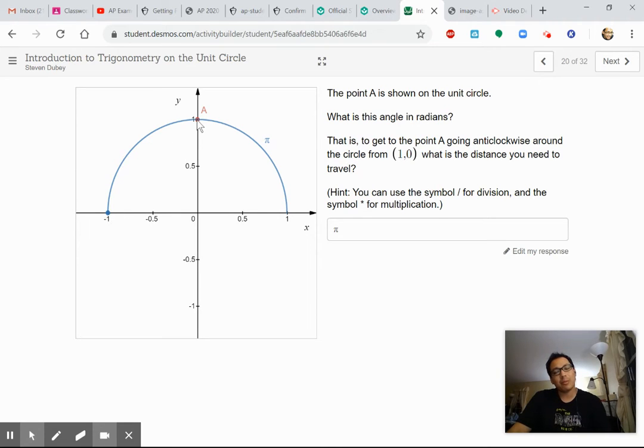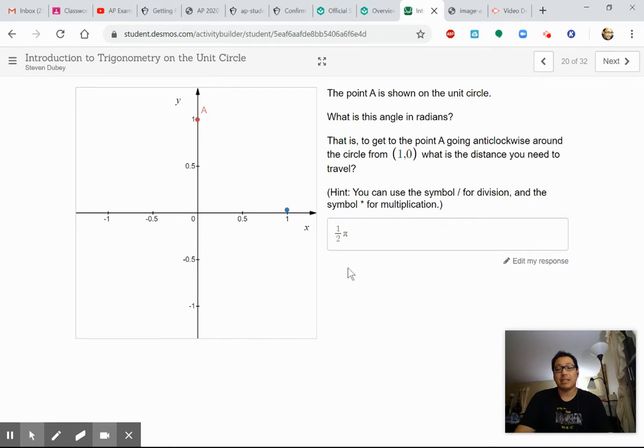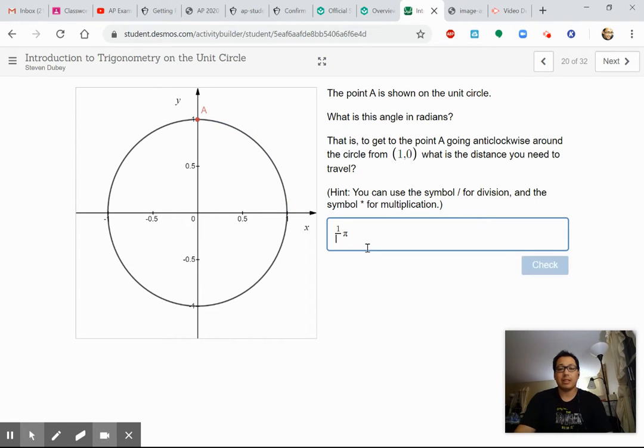So what would the angle be for here? Well, it would be half of that. One way you could write it would be 1/2 pi, and that's fine. The standard way you'll see this written is as pi divided by 2, pi over 2.